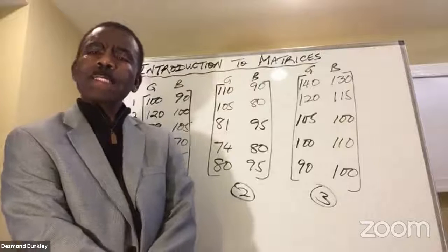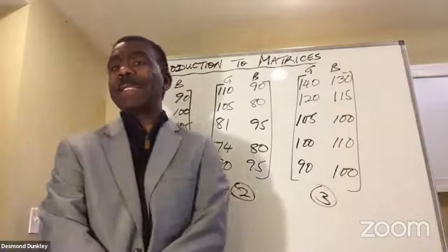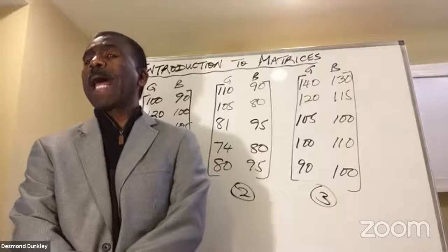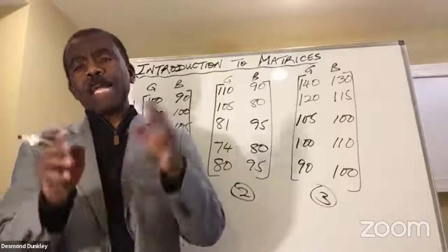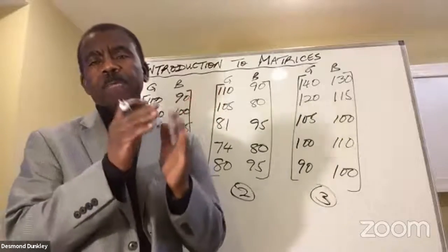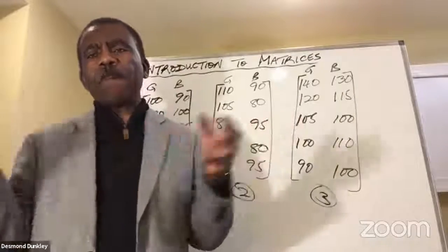So what you realize is that as long as the matrices are identical in size and also in data content, meaning that the corresponding entries relate to the same information, you can actually have a combined result.